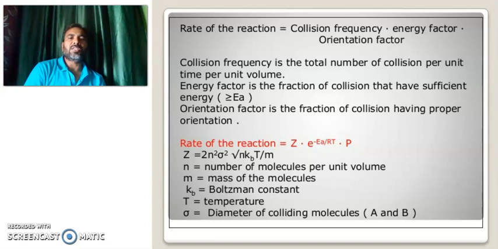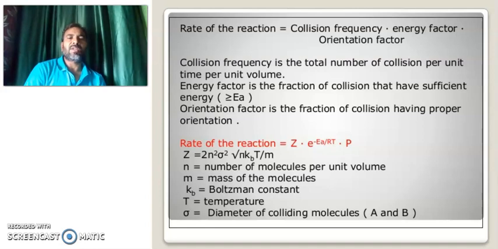So rate of reaction is equal to collision frequency multiplied by energy factor multiplied by orientation factor. Collision frequency is the total number of collisions per unit time per unit volume. The energy factor is the fraction of collisions that have sufficient energy, meaning activation energy.